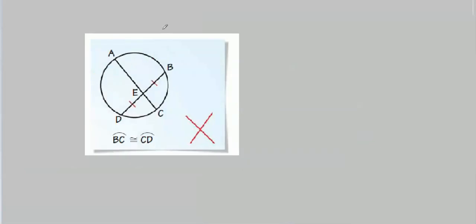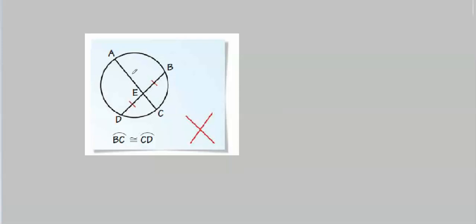What's wrong with this diagram? We have a chord here cut by what appears to be a diameter, and they say that the arc here, BC, is congruent to DC. Why wouldn't that be true?